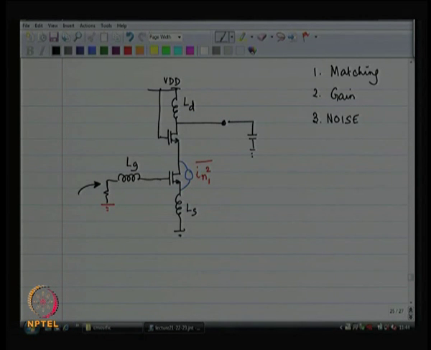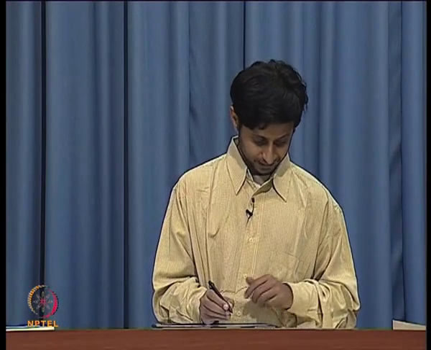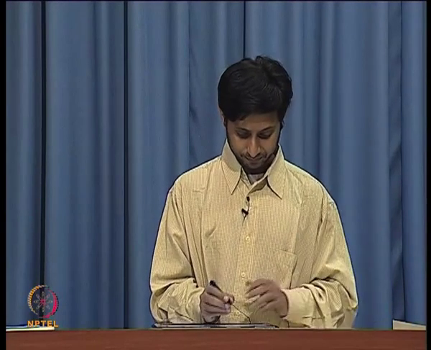There are going to be other issues to look at, like biasing. You can take it back to your analog circuits classes to understand biasing issues. A crude way of biasing would look something like this.